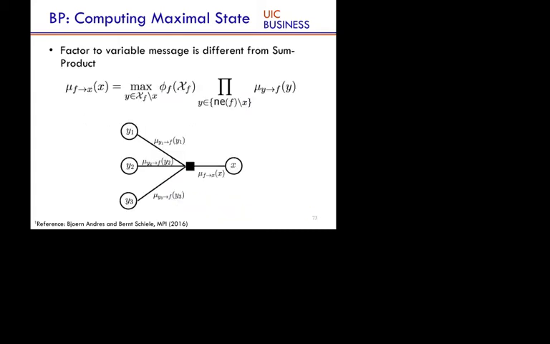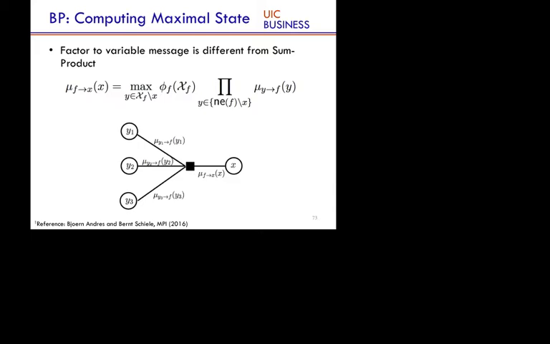The factor to variable message has one change from before. You will get messages from other variables just as before. Say in this case there were 3 other variables, so these sent you 3 messages. You take the product of those 3.